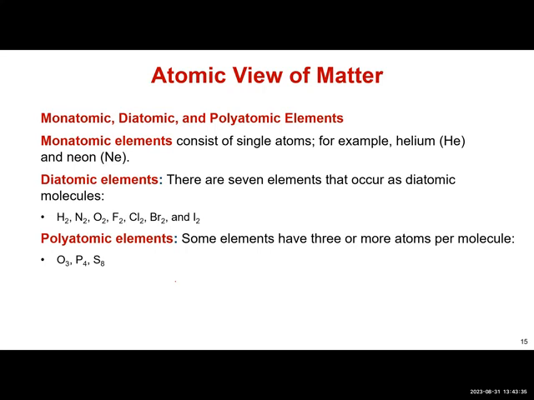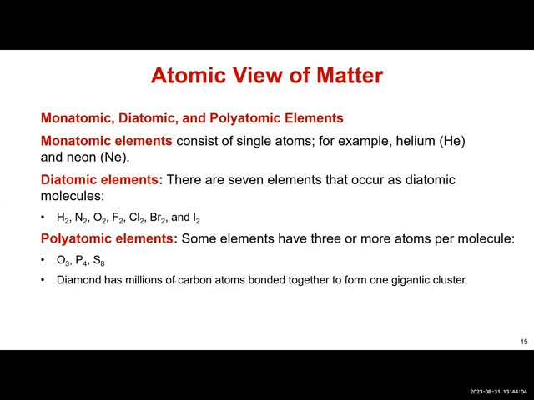It has 3 oxygen atoms. Therefore, it's called polyatomic, more than 2 oxygen. P4 is also polyatomic, with 4 phosphorus atoms. Sulfur exists as a molecule with 8 sulfur atoms.